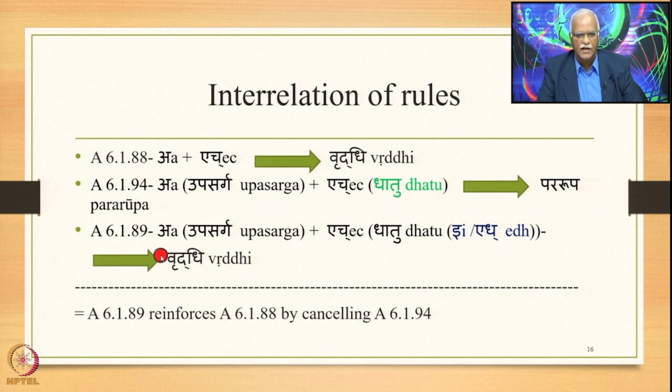Now if we look at 6.1.89, we need a, but a as part of the upasarga followed by h, yes, and that too of a dhatu, but only of two dhatus, e and edh, and the output generated would be vriddhi and not pararupa. And so we can say that 6.1.89 reinforces 6.1.88, the vriddhi sandhi, by cancelling 6.1.94, because 6.1.89 is the further restricted domain of 6.1.94. This is very important.